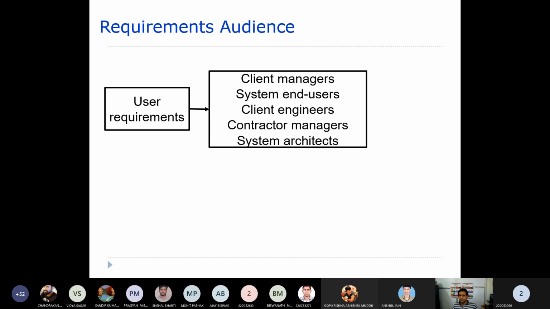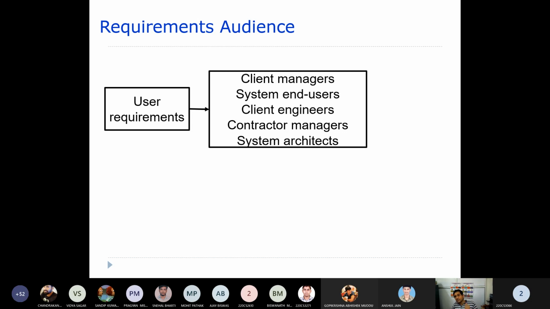Usually we create these requirements documents. So who is going to use these documents? Who is the audience? The client managers, if there is a manager from the client organization side, will also go through these user requirements.